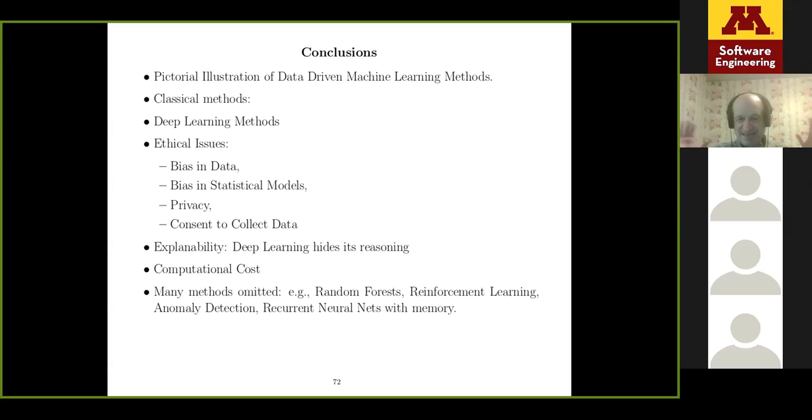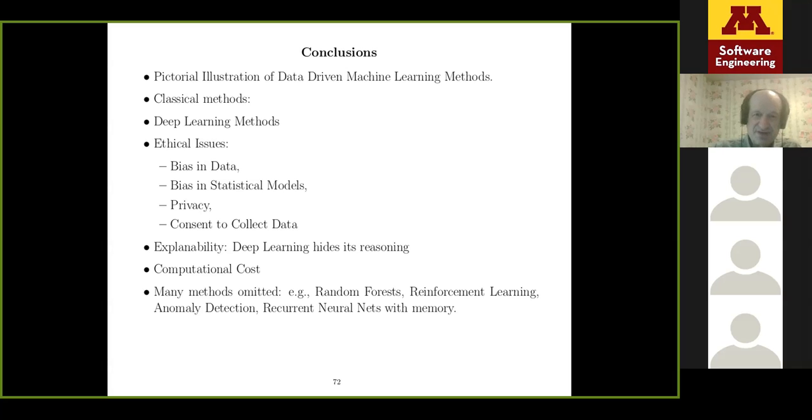But that's not always the case. If you have things that are not numbers, like categories in the data, there are other methods like random forest and decision trees, which can play a role. There's reinforcement learning, which is another learning method that depends on sampling the input space, but in a much more limited way.